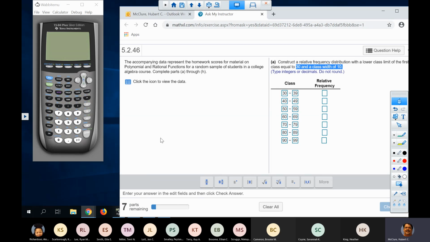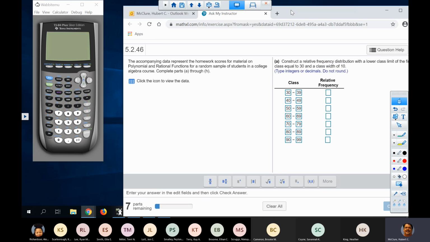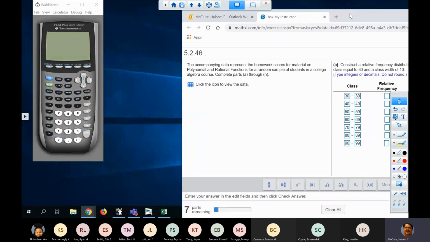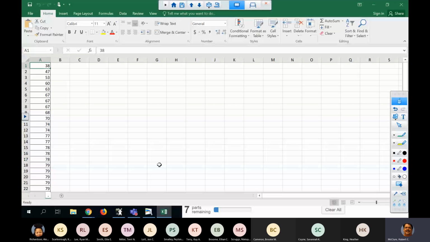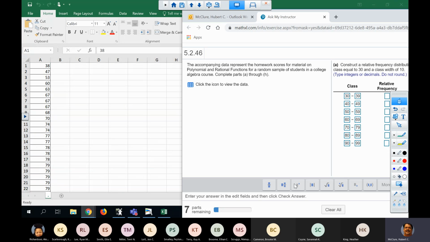Well, I done lost my spreadsheet. Okay, 1. So I've got to do 1 out of what? Somebody take 1 and divide it by 40. I'm just going to do 1 divided by 40. I don't know if they want it.